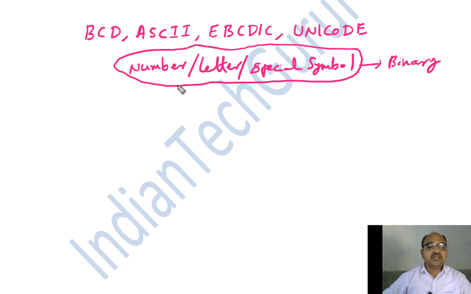However, converting the decimal numbers into binary is very easy, and we have discussed about how to convert the decimal numbers into binary.